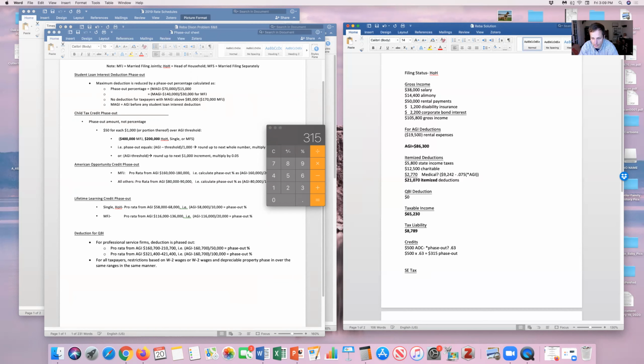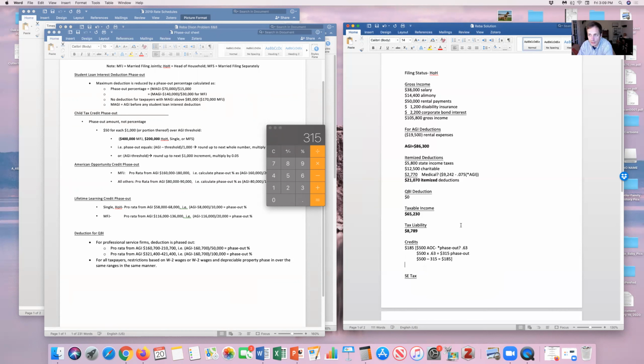So I'll take my full credit minus the phase out, and I'm left with $185. All right, so I'm going to bracket all of this, and $185 is the amount of the credit that I actually get.